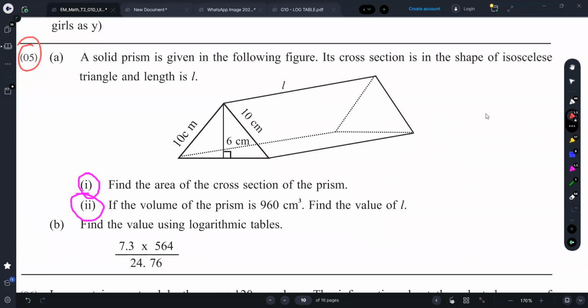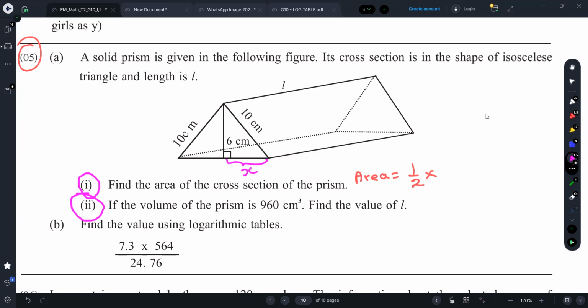Now, how to find the area? Half into base into height. But the base is not given. How to take the base? Now, by using the Pythagoras theorem, we can find this part. Let's take it as x.